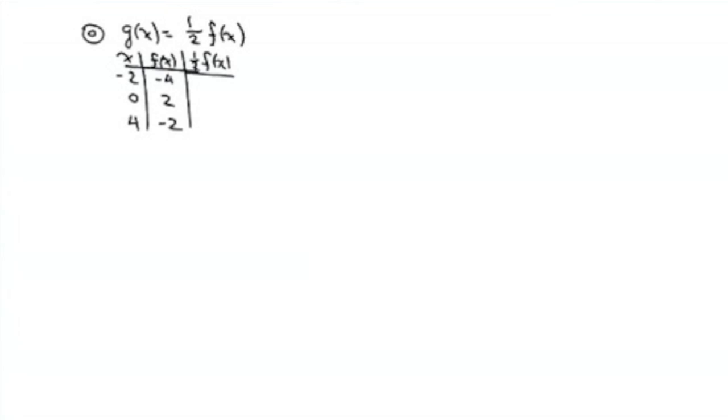There we go. If I do half of f of x, -4 becomes -2. 2 becomes 1. -2 becomes -1. Because we're cutting the heights in half. So the coordinates that we'd be plotting are -2, -2, 0, 1, 4, -1.